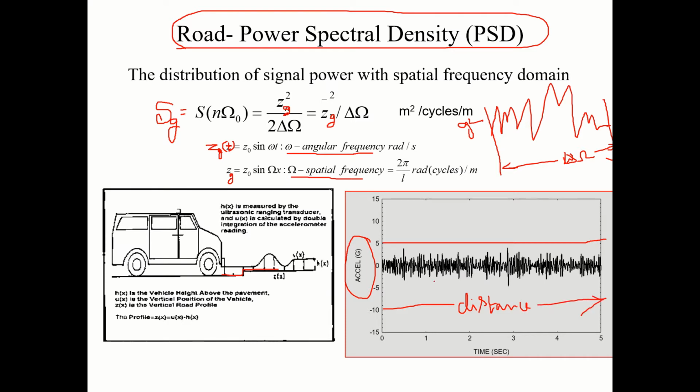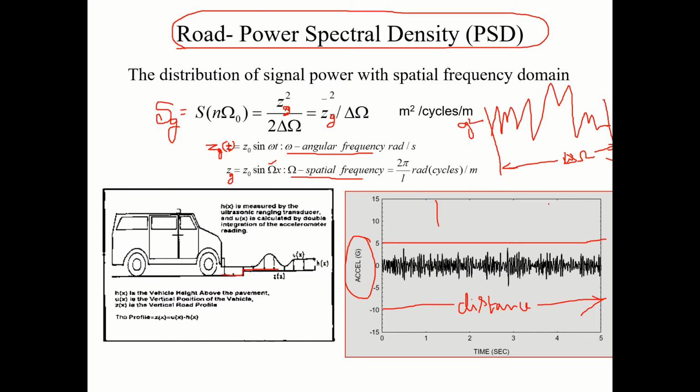The displacement you can define as Z equal to Z naught sin omega t, where omega is angular frequency in radians per second. When you draw this graph with respect to time. If you draw this graph with respect to distance, then you can call this spatial frequency.